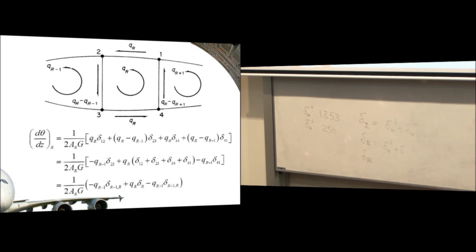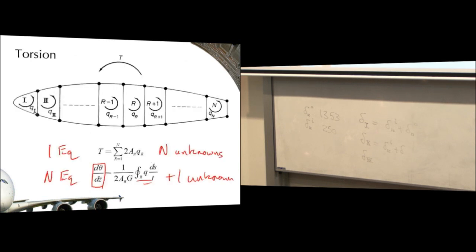So let's set up the equations that we'll need. If we're going to solve this, how many equations are we going to have, and how many unknowns? We're going to have one torque equation and 3 rate of twist equations.